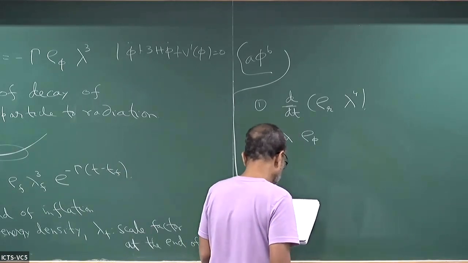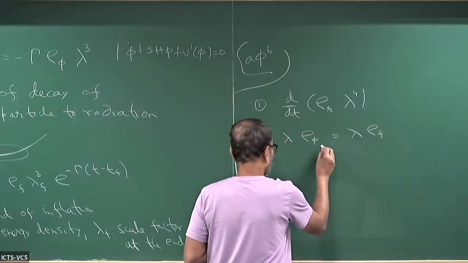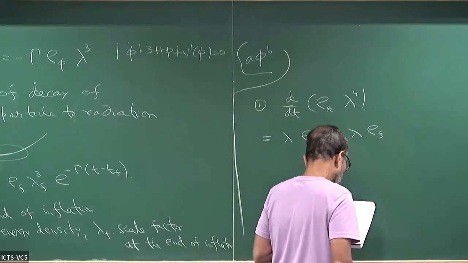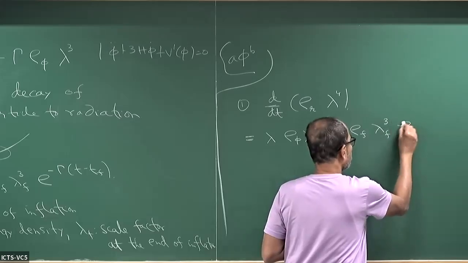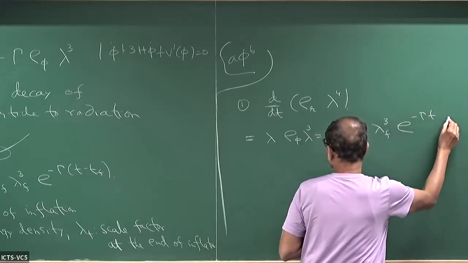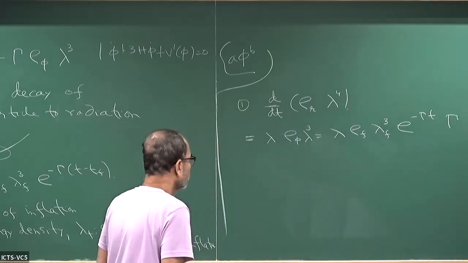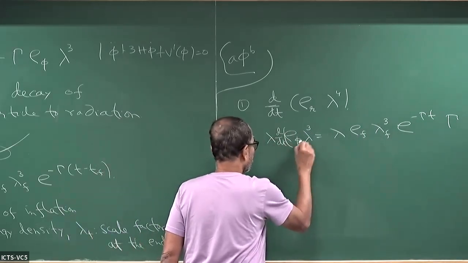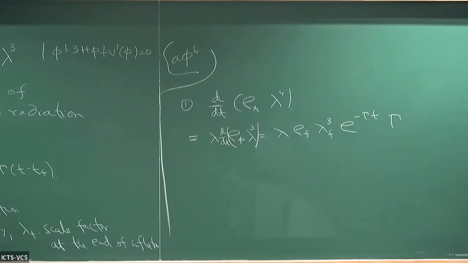That is lambda rho phi, which is lambda cube. Sorry, this is d/dt of rho phi lambda cube, because this d/dt of rho phi lambda cube is what I am taking to the other side.